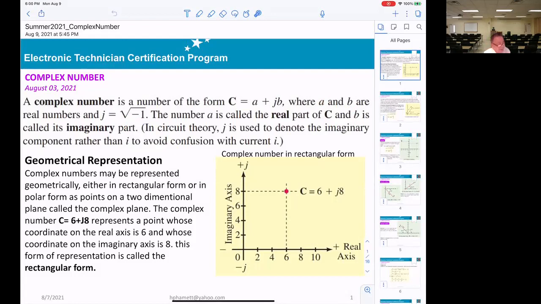That's just a definition. The number A is the real part. That's a real number. And B is the imaginary part. In circuit theory, they use J to denote the imaginary component rather than I to avoid confusion.